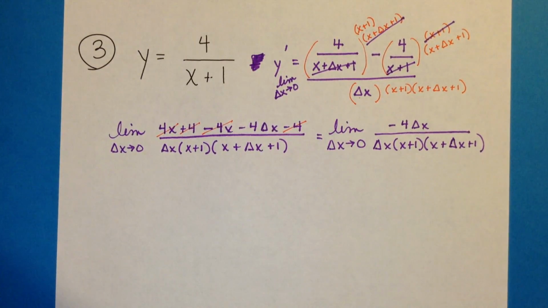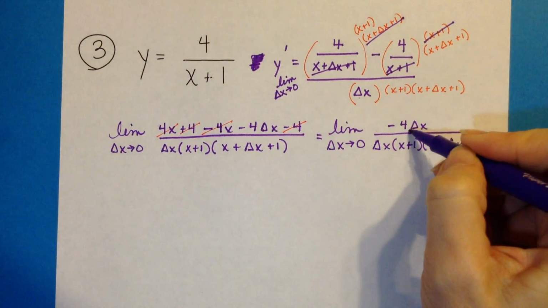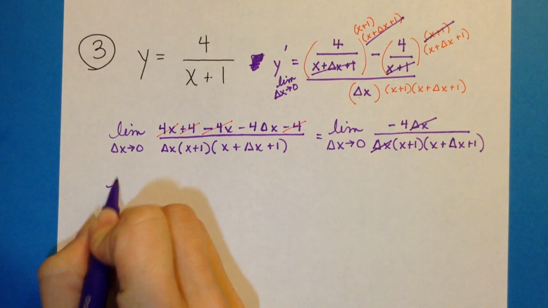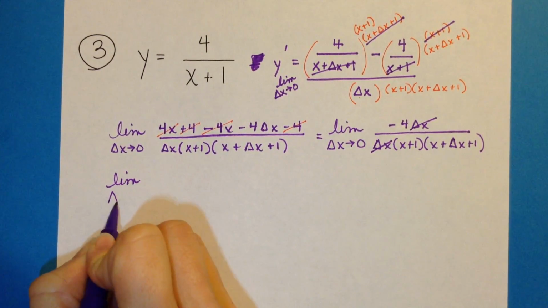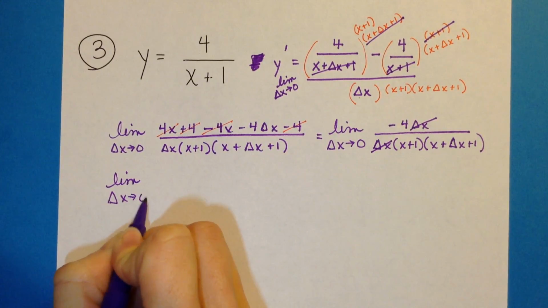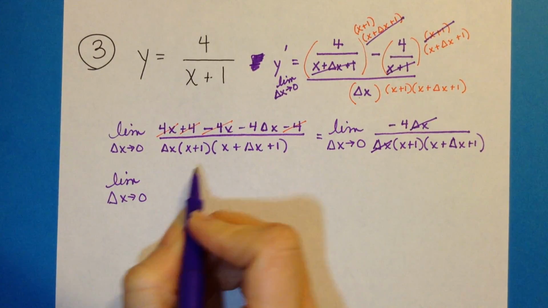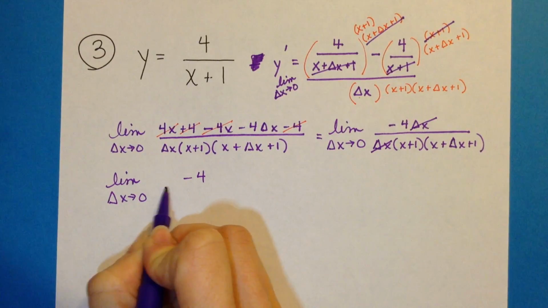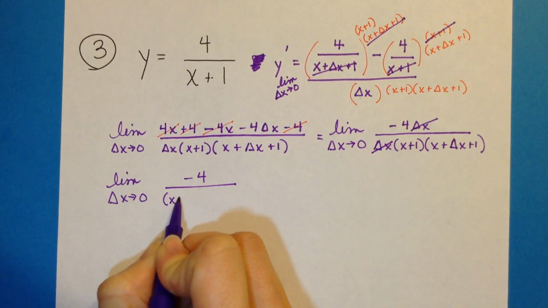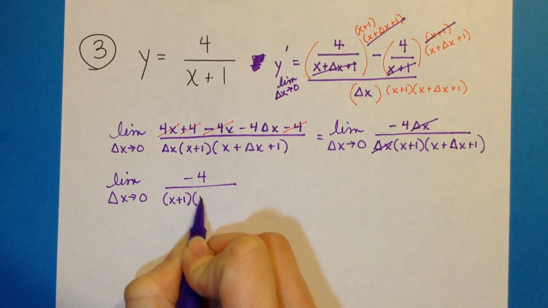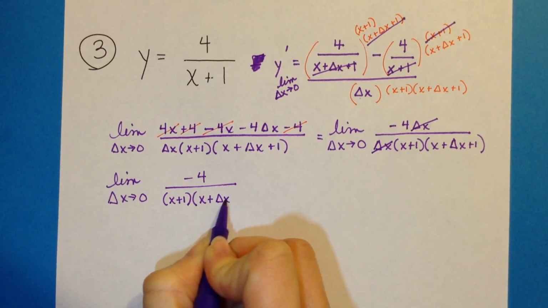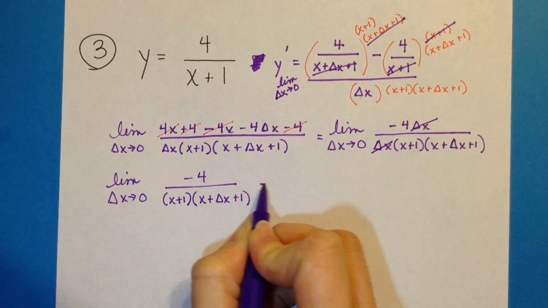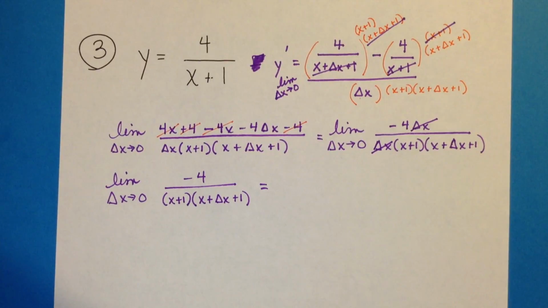Okay, now your delta x's are going to cancel. So that will leave me with negative 4 over x plus 1 times x plus delta x plus 1. Okay, so you've done all the simplifying that you can do.